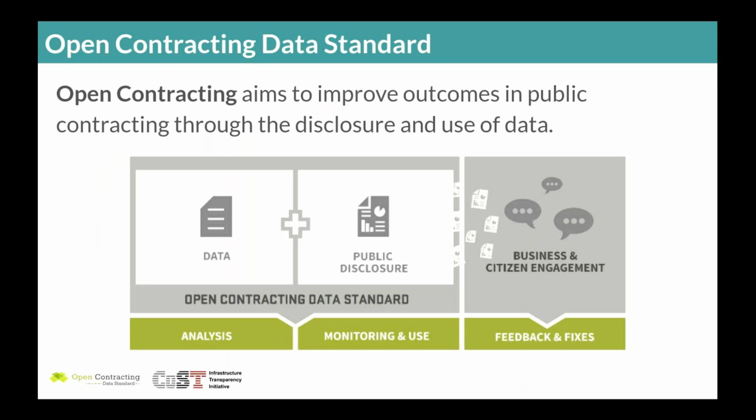And then with the Open Contracting Data Standard, it's essentially about increasing participation in public contracting. So it's all about disclosing joined up data across the whole of the contracting process. And then publishers and civil society organisations and users can use that data as the basis of reform.